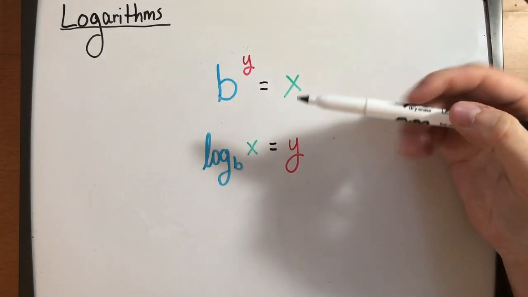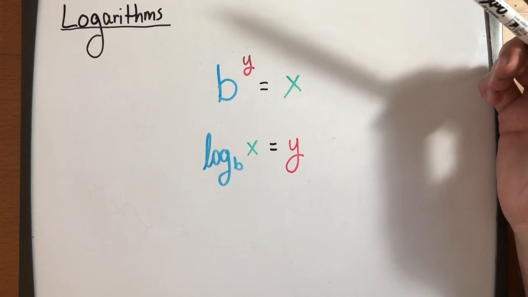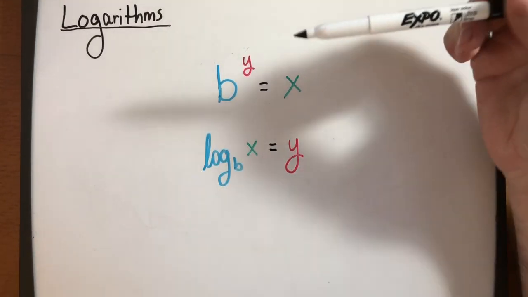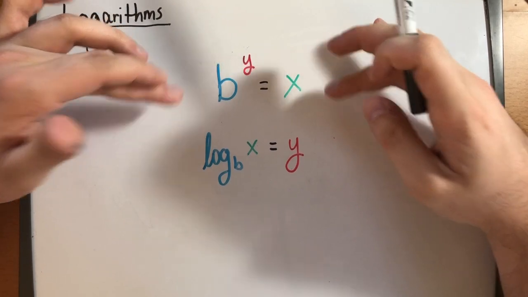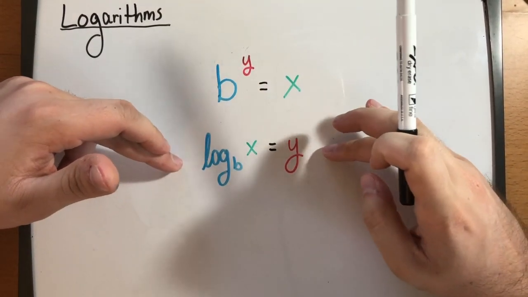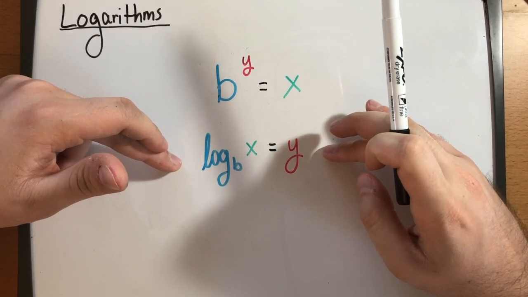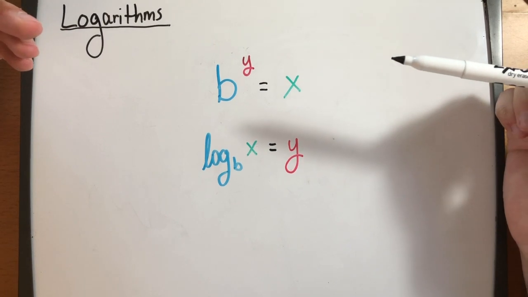Notice here, I rewrote this now with colors just so we can visualize what's going on. So this is an equation in exponential form. This is the same exact concept, same exact equal sign, but this time in logarithmic form. Notice here what happened.